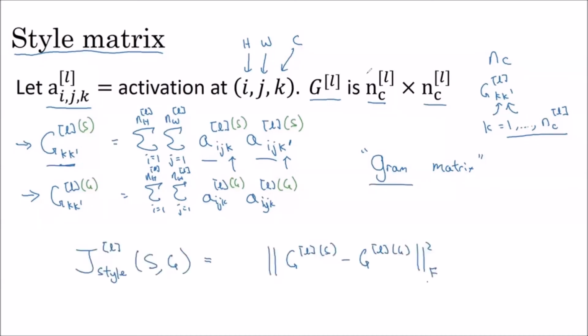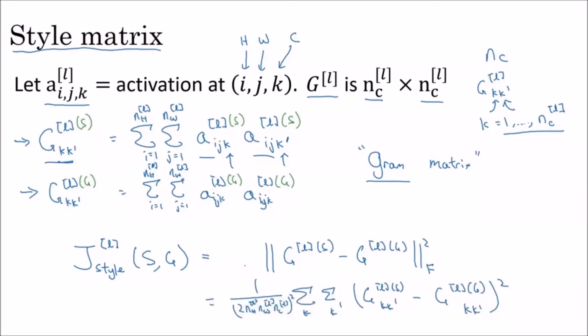The style cost function is given by the Frobenius norm of the difference between the style matrix for the style image and the style matrix for the generated image. We find the element-wise difference, square them and add them. This is what we perform in order to get the cost function of that particular layer L.